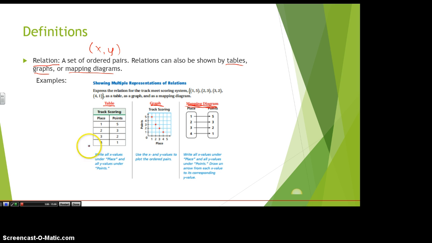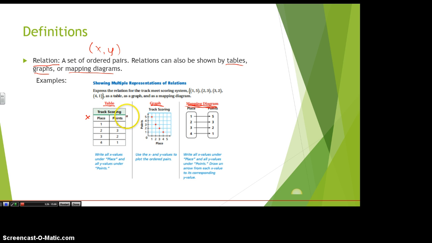When we look at the table, the way this is set up is a track meet scoring system. The first value represents the place they are in, and the second value represents the points. For my table, the place represents my x, so my x values are 1, 2, 3, and 4.